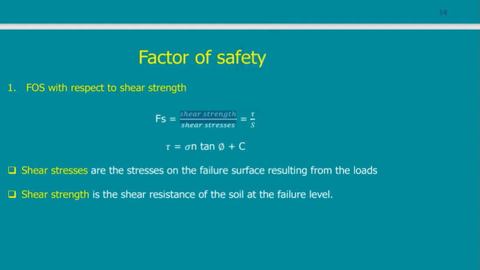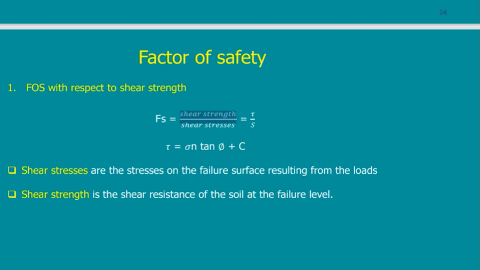If I tell you to carry 110, you will fall down. But if you carry 50, you will carry it very lightly, and you will still have a factor of safety of 2. You can carry more.